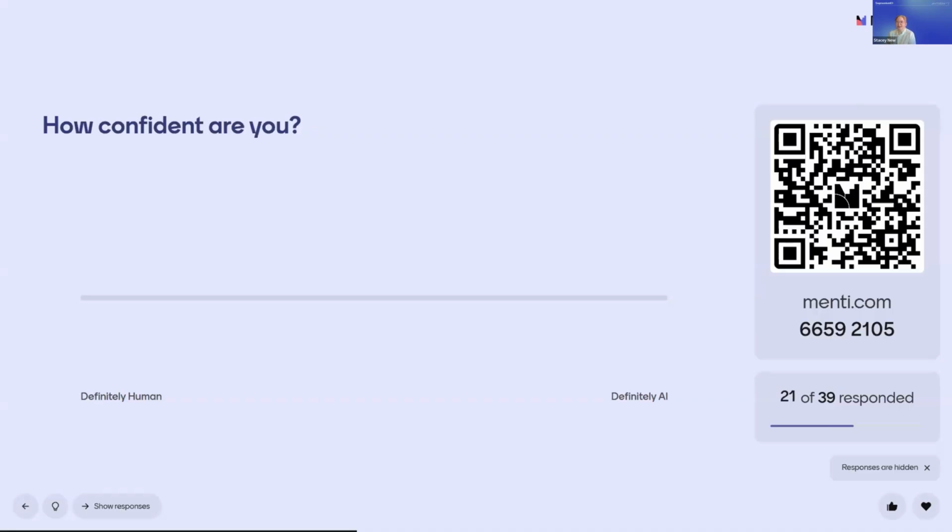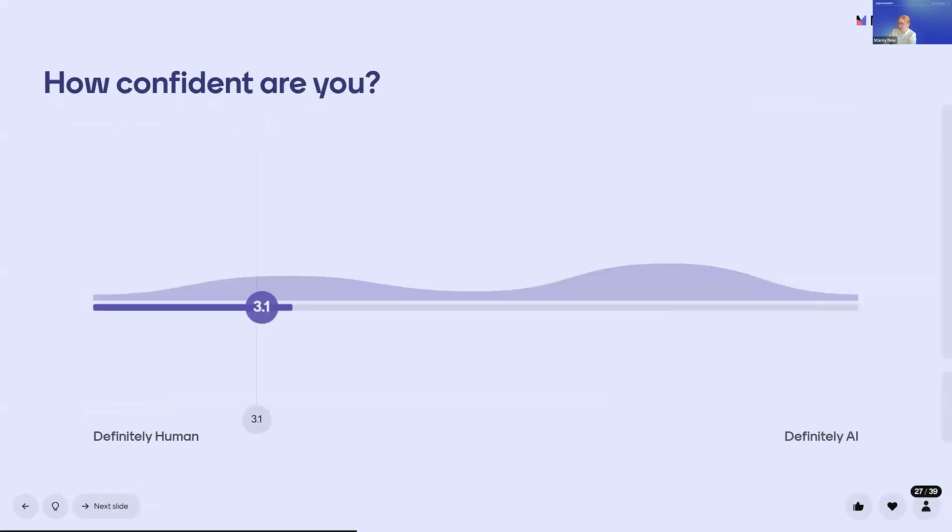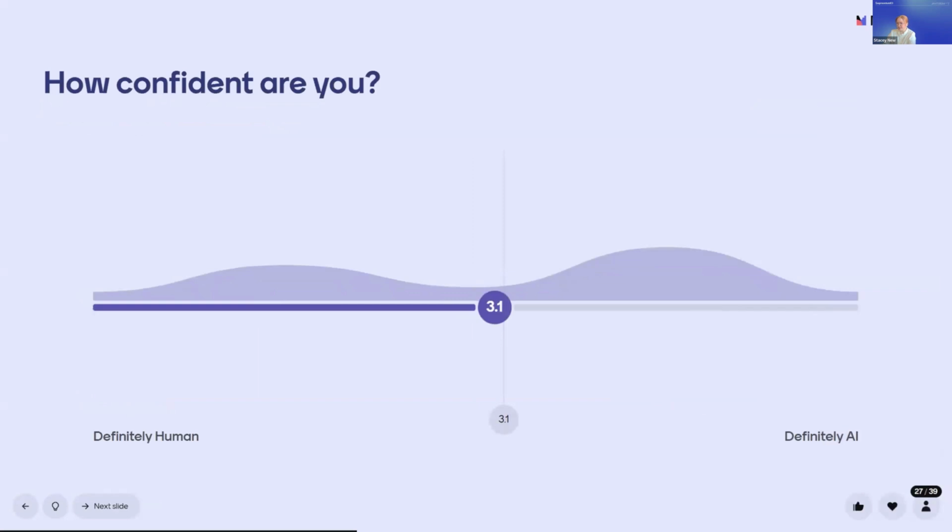Well, there is a right or wrong answer, but we're not judging your answers, because I just want to show you how hard it is, or how good AI is at the moment in producing these kinds of responses. So you can still answer. I'm just going to show some of the results. You can see we're slightly leaning towards AI, which is all right.